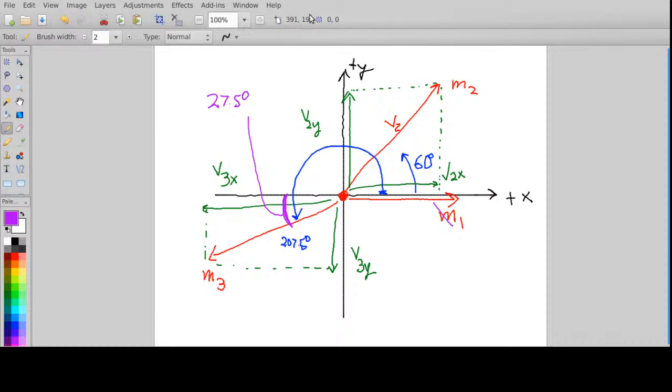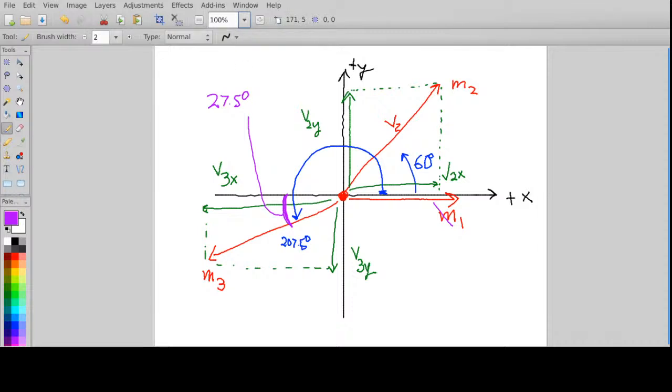You know, we've worked a lot with vectors, so you should be able to understand that you could say, although it's probably not as good because it might get a little bit confusing, you could say that this makes 207 degrees with respect to the plus x-axis, or 27.5 degrees with respect to the negative x-axis.